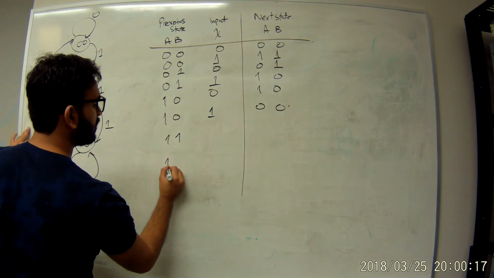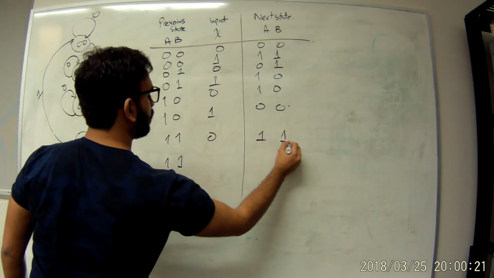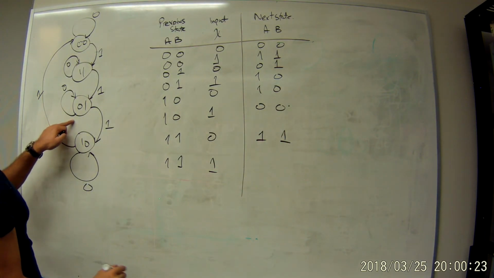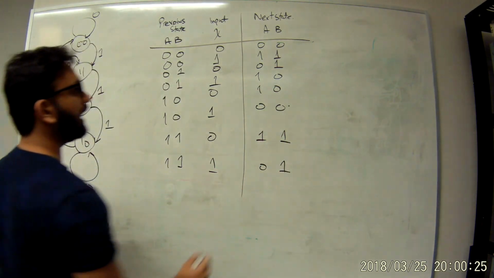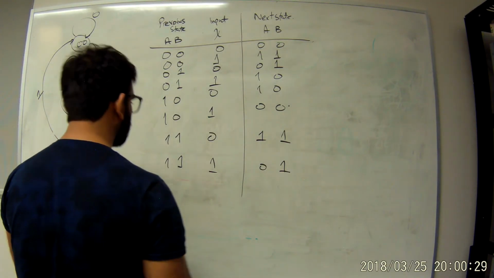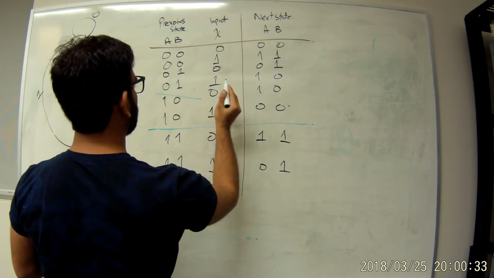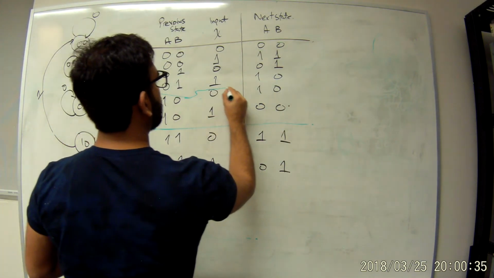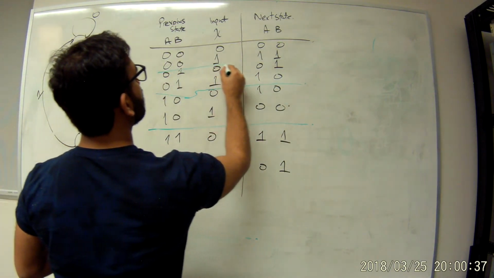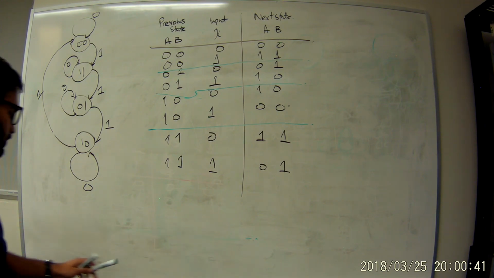Last state, 1, 1. When it's 0, it stays on the same state. When it's 1, it goes to 0, 1. That's our table. Okay? Let's divide it so we can see it easily. We're going to have something like that. A little messy. Here. And here. Okay? We got that table.